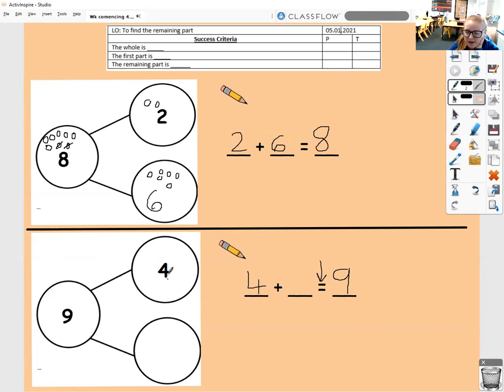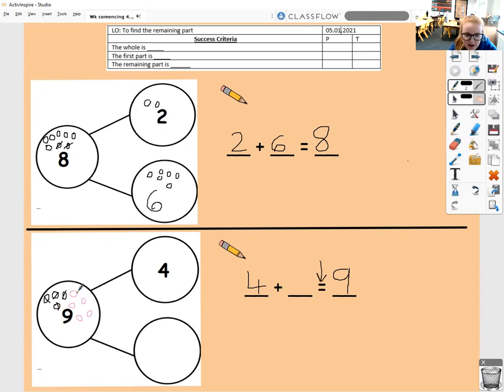Because I'm not sure what my remaining part is when one part is 4 and the whole is 9, I'm going to draw out my 9 counters. 1, 2, 3, 4, and I'll change colour just to help me. So I've got 4 counters, 5, 6, 7, 8, 9. 9 counters. So I've moved these 4 counters over here.